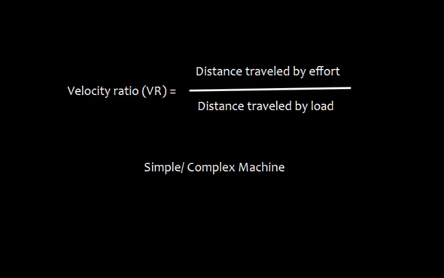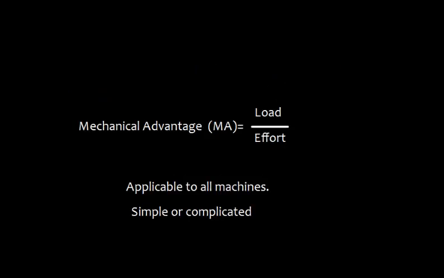Now let's have another type of definition, that is velocity ratio, and this can be defined as distance traveled by effort divided by distance traveled by load. Well, if we compare mechanical advantage, the mechanical advantage is the ratio of load and effort.